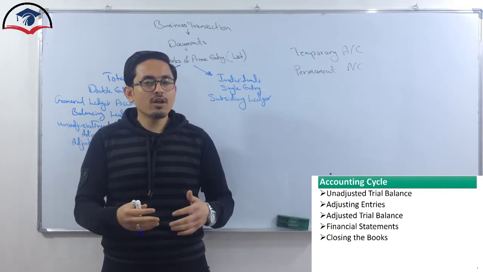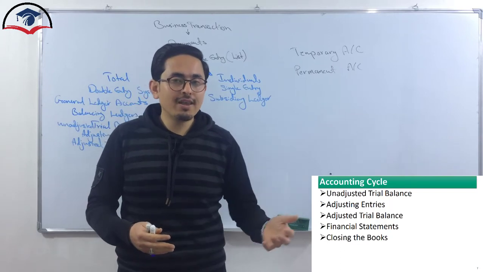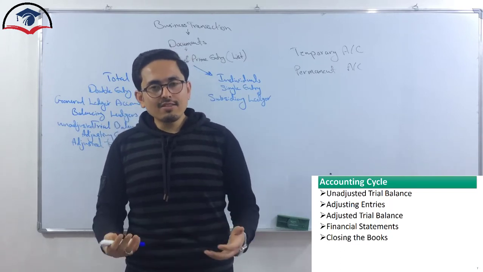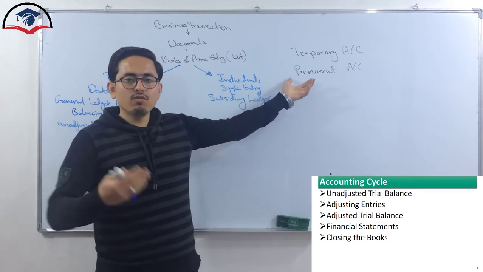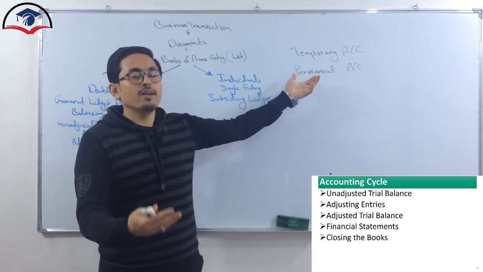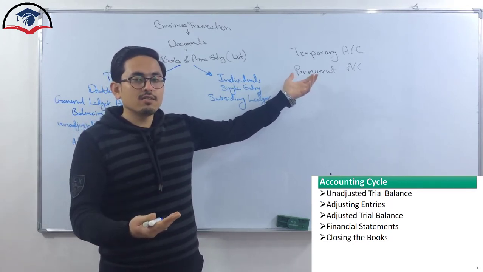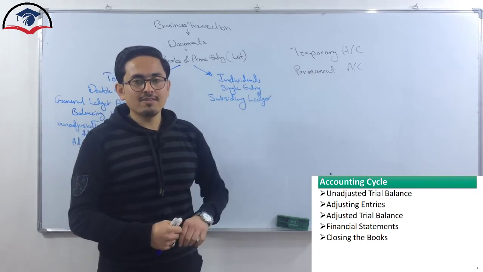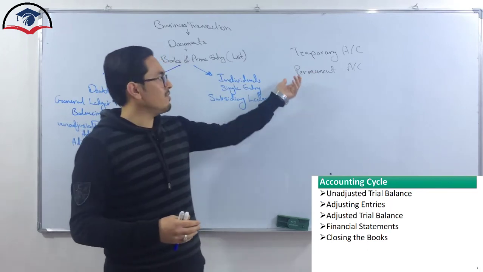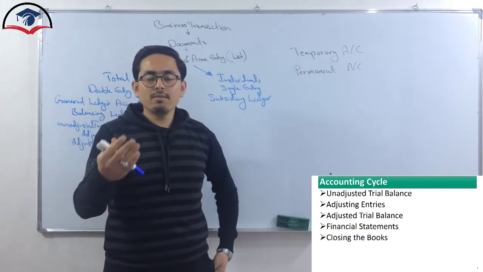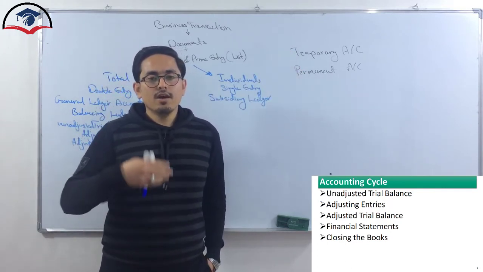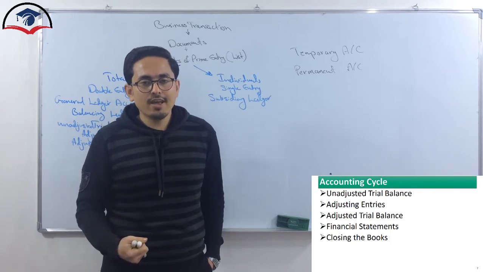That $1,000 will stay as the opening balance for the next period. That's why these are permanent accounts. The balance of your computer, if you have a $4,000 computer, will stay for the next year. So that's why it's a permanent account and it appears in the statement of financial position. However, the temporary accounts mostly appear in the statement of performance or comprehensive income.